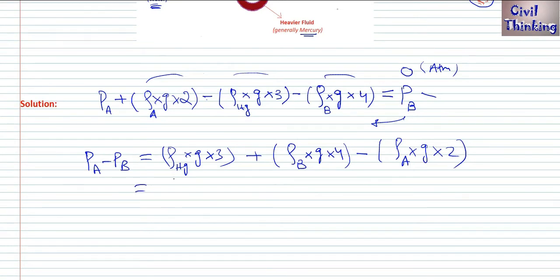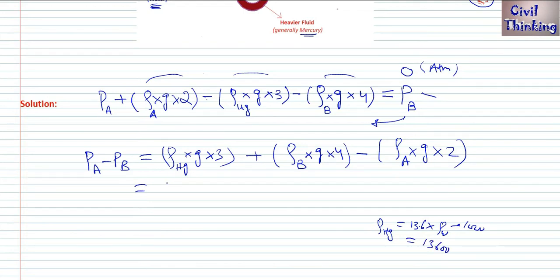Now here we will put the density of mercury. The density of mercury is the specific gravity of mercury, which is 13.6, multiplied by the density of water, which is 1000. So 13.6 multiplied by 1000 will be 13600.